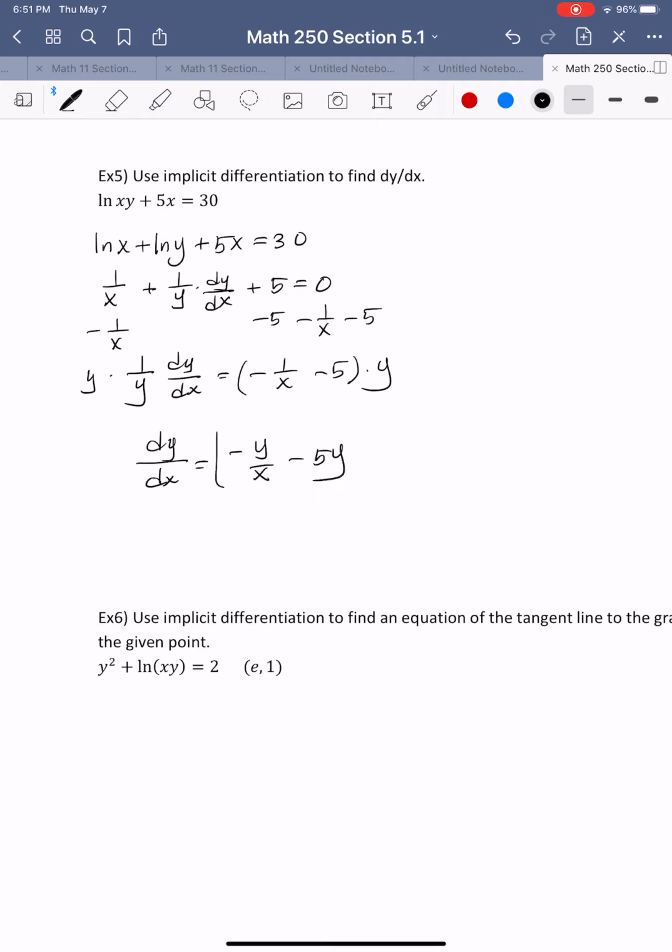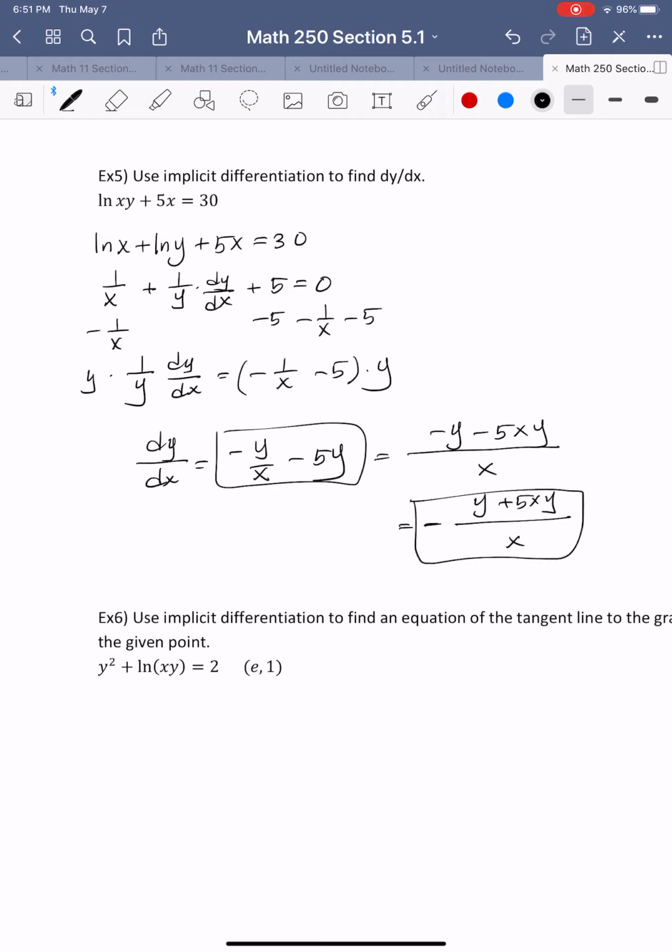I think that'll be all, but if you go further, you can put x as the LCD, giving negative y minus 5xy over x. And if you pull out the negative, you can say y plus 5xy over x. So either one is a possible answer.